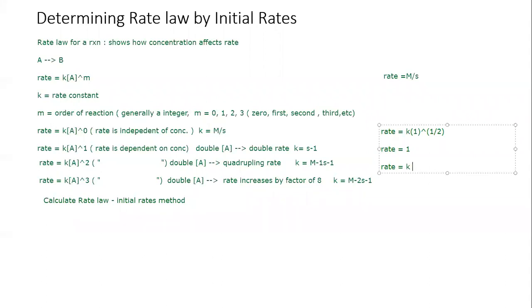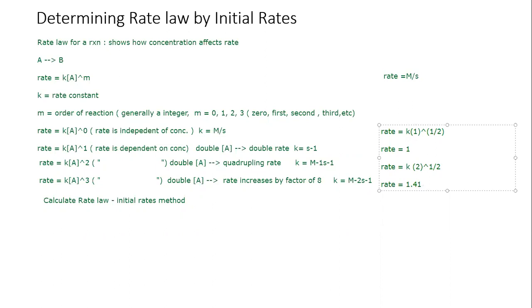So instead of 1, we have 2. So 2 to the 1/2, and we get our rate. The square root of 2 is like 1.41. So it does increase by a factor of 1.41 instead of 1 or 2. That's how you would do it if it was a fraction.